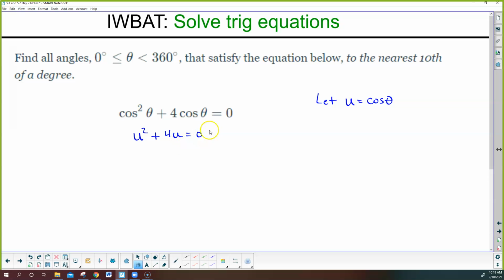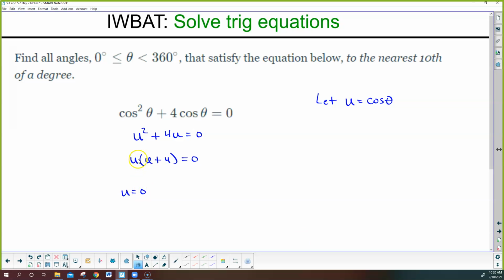Now notice, when we factor, you always want it to be equal to 0. But now I don't have 3 terms, I only have 2. Well, this is the common monomial term. I want to take out a factor from each of these, and they both have that factor of u. So now, all I did was say I've got u times u plus 4.